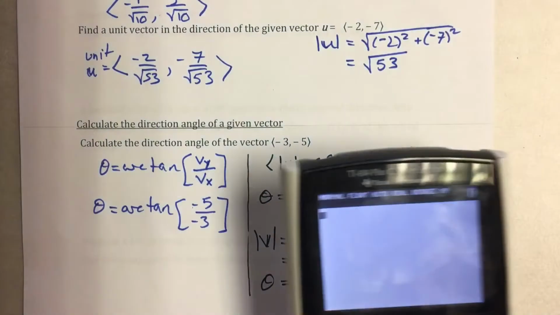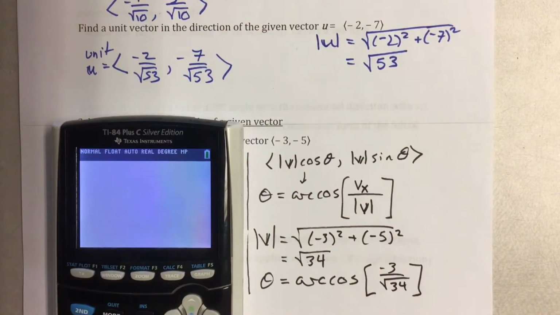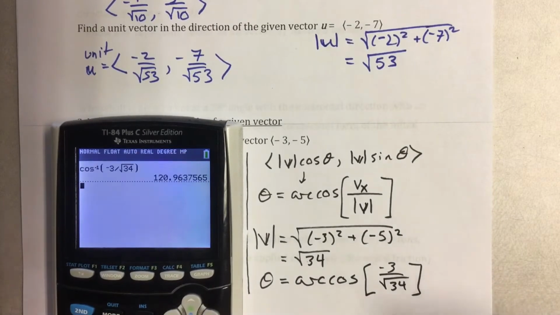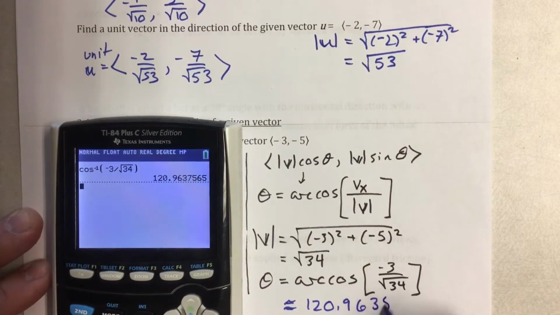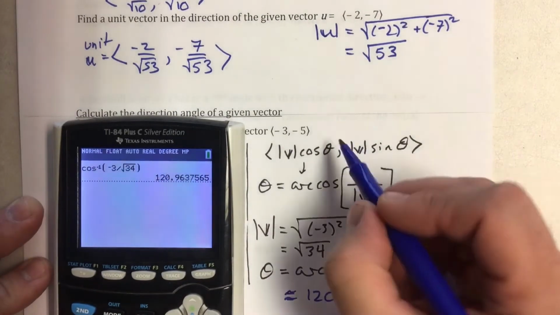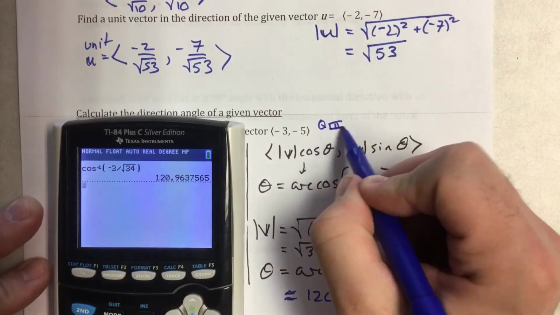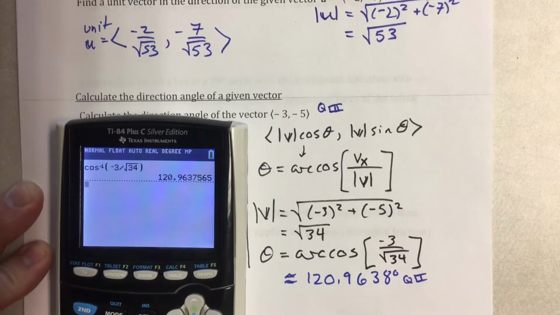Let's do this right side first. I'm in degree mode, perfect, arc cosine of negative 3 divided by the square root of 34. We get approximately 120.9638 degrees. Now, knowing that the vector is in quadrant 3, this is in quadrant 2, so I'm going to have to subtract from 360.